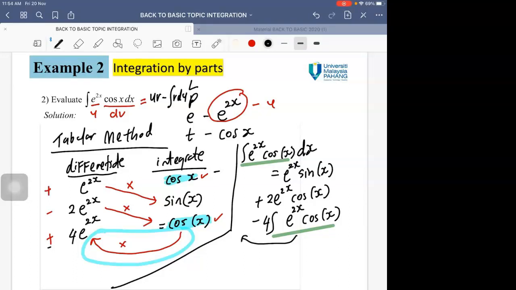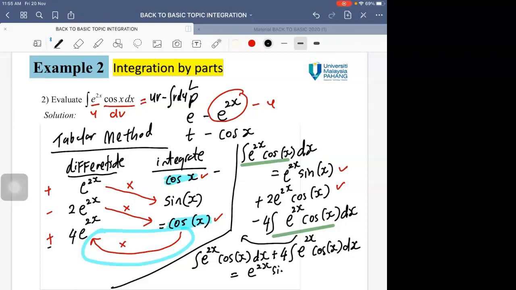Means you have integrate exponent 2x cos x dx, plus 4 integrate exponent 2x cos x dx, equal with what you have on your right hand side: exponent 2x sin x plus 2 exponent 2x cos x.